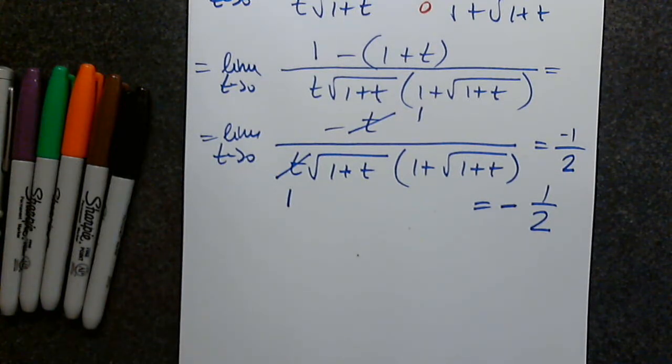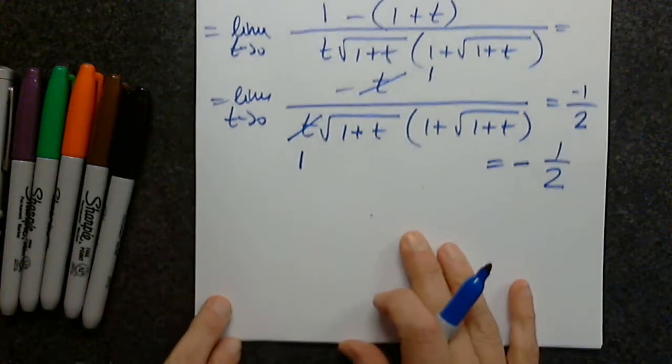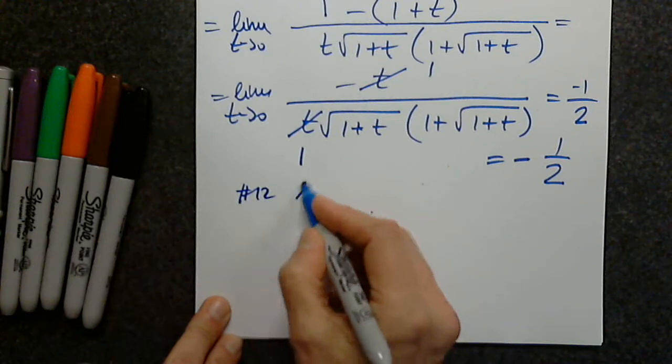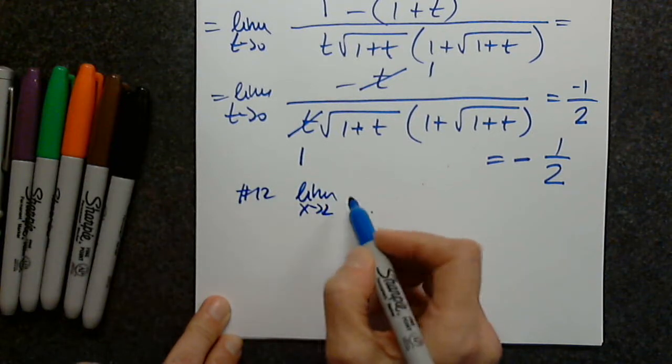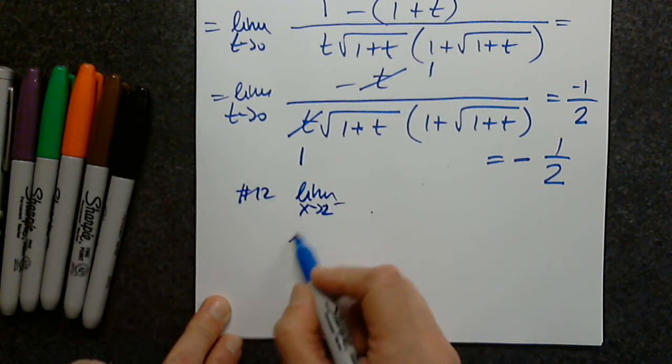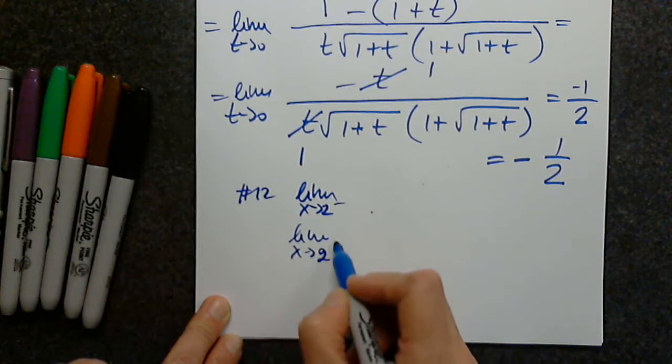Is there anything else in this document that we need to look at? Yes, number 12. For number 12, we have limit as x approaches 2 from the left and limit as x approaches 2 from the right.